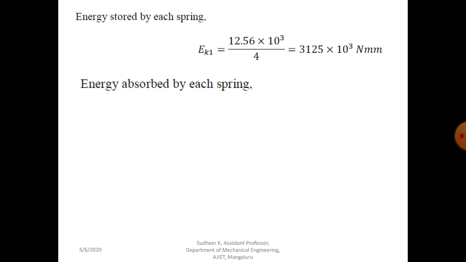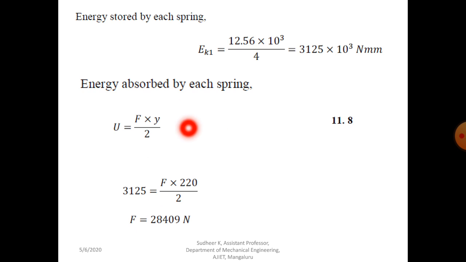Now the energy absorbed by each spring is given by equation number 11.8. Whatever the energy is, it will be absorbed by this spring. So you have to consider the equation U equal to F into Y divided by 2.